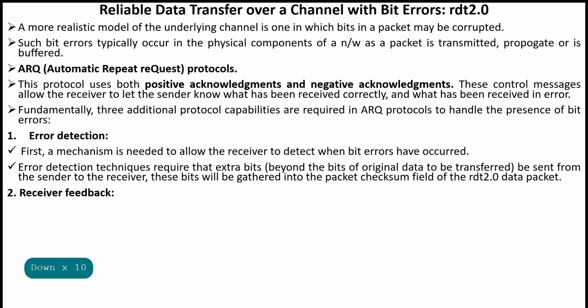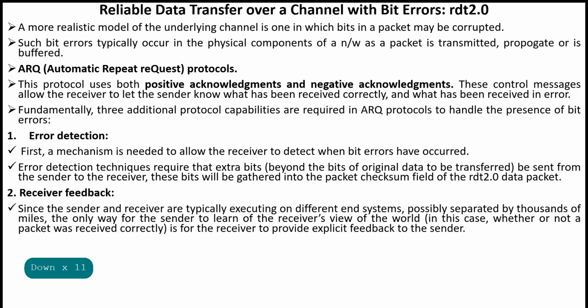Next, receiver feedback. Since the sender and receiver are typically executing on different end systems, possibly separated by thousands of miles, the only way for the sender to learn of the receiver's view of the world, that is in this case, whether or not a packet was received correctly, is for the receiver to provide explicit feedback to the sender.